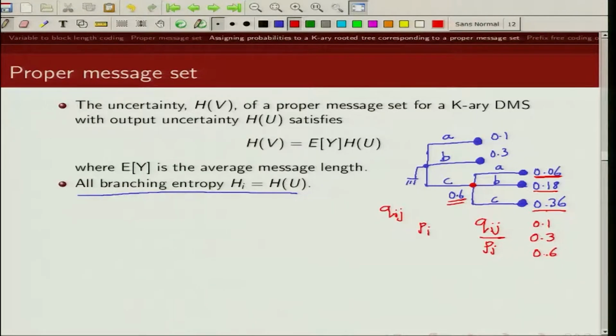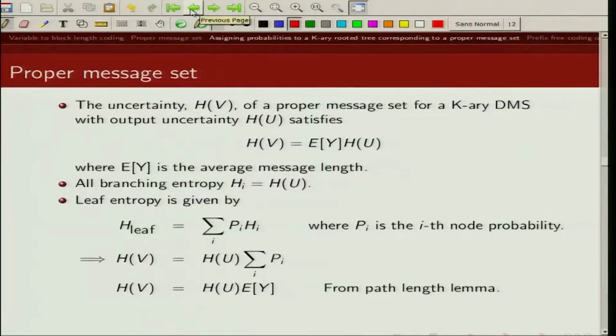No matter what node I choose, this ratio of Qij by Pi is nothing but the probability of these letters A, B, and C. So we can see clearly that the branching entropy of a proper message set is given by H of U.